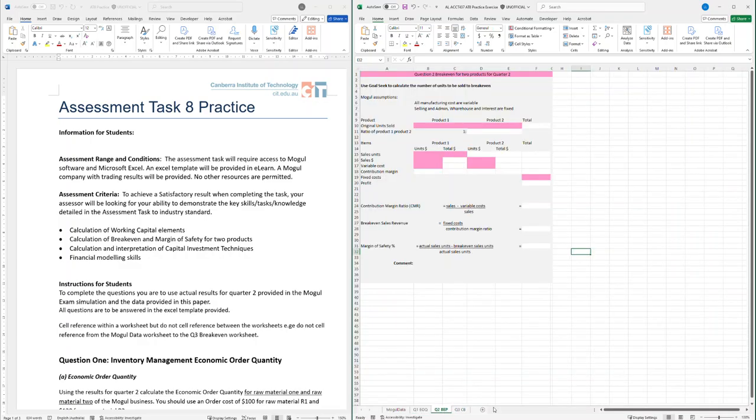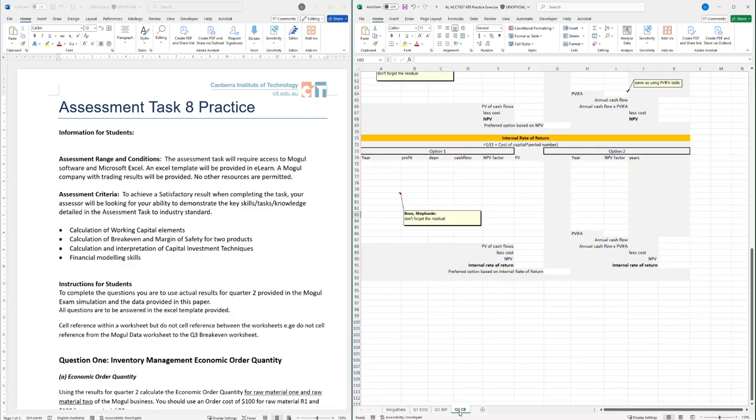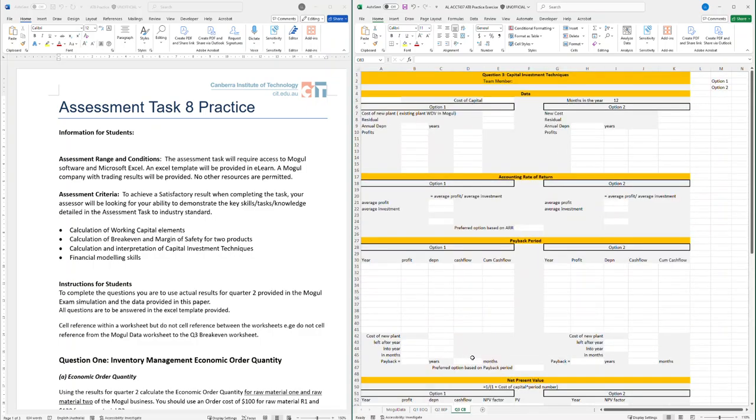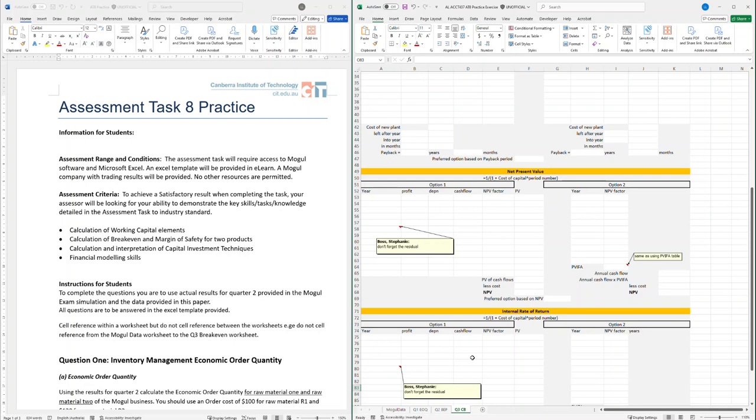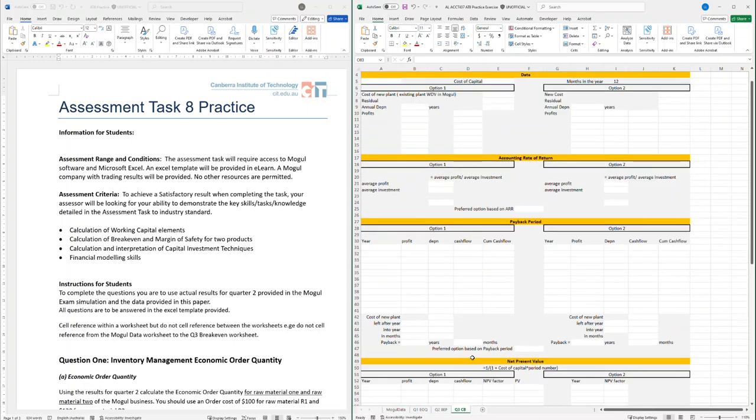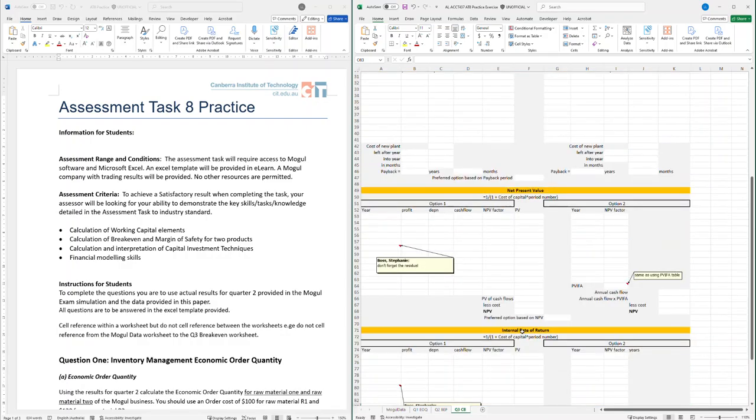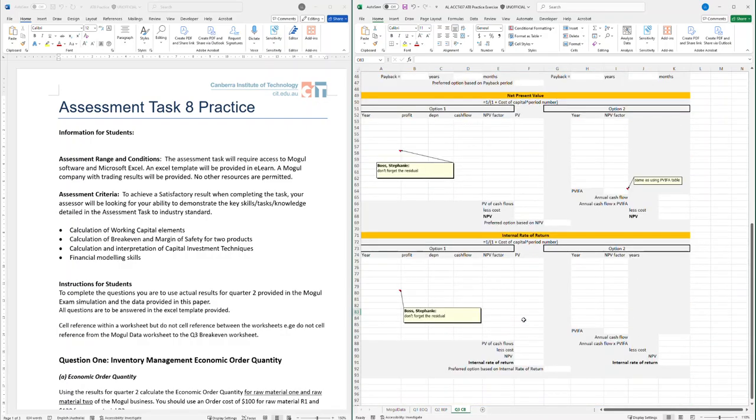Question two on break even profit, and last but not least, on your capital investment, we want to calculate all the different kinds of return using an Excel spreadsheet: rate of return, payback period, net present value, and also calculate internal rate of return.